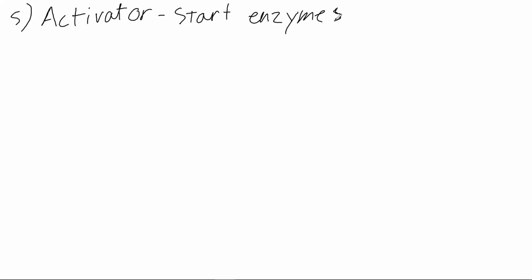Say, for instance, the enzyme is like a machine. Each machine has an on button. That's what the activator is. It will activate the enzymes to start doing their things. Now, there's 2 types of activators. You have cofactors, and you have coenzymes.